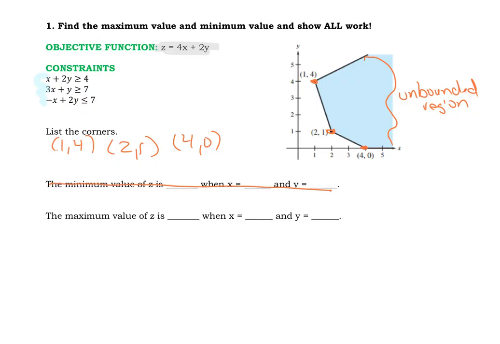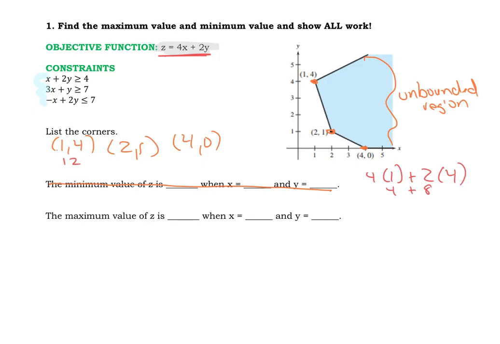So now what we do with this is we take our objective function and we plug these values in. So 4 times 1, because that's x, plus 2 times y, which is 4. So this is 4 plus 8, which is 12.